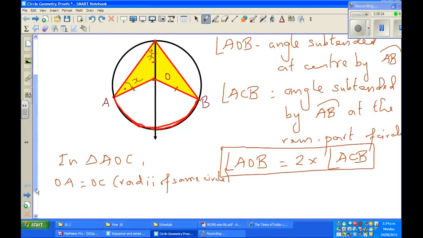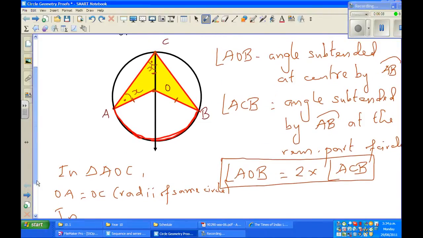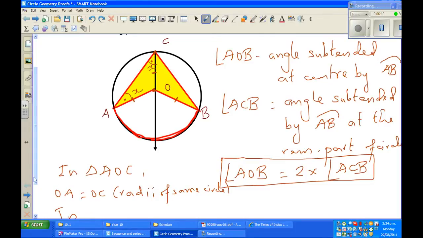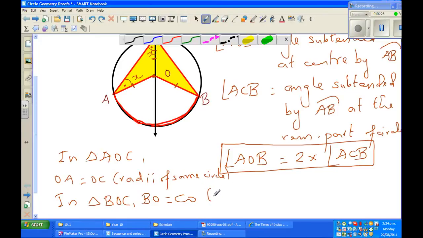Now in triangle BOC, which two sides are equal? Can I say BO is equal to CO? Again, why? Because they are radii of the same circle.